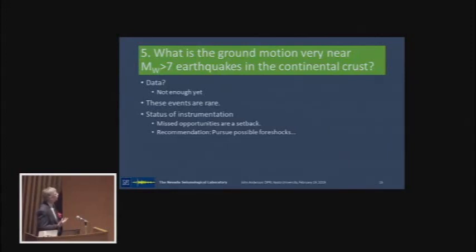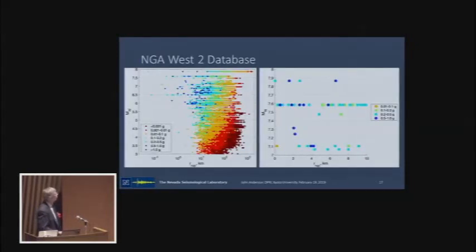Now the first issue is this question: what's the ground motion very near a large magnitude earthquake in the continental crust? And the problem is that there just isn't enough data and the events are rare. So here, for instance, is a representation of distance and magnitude of all of the earthquakes in the data set that was used to generate the latest ground motion models for the western United States and other continental regions.